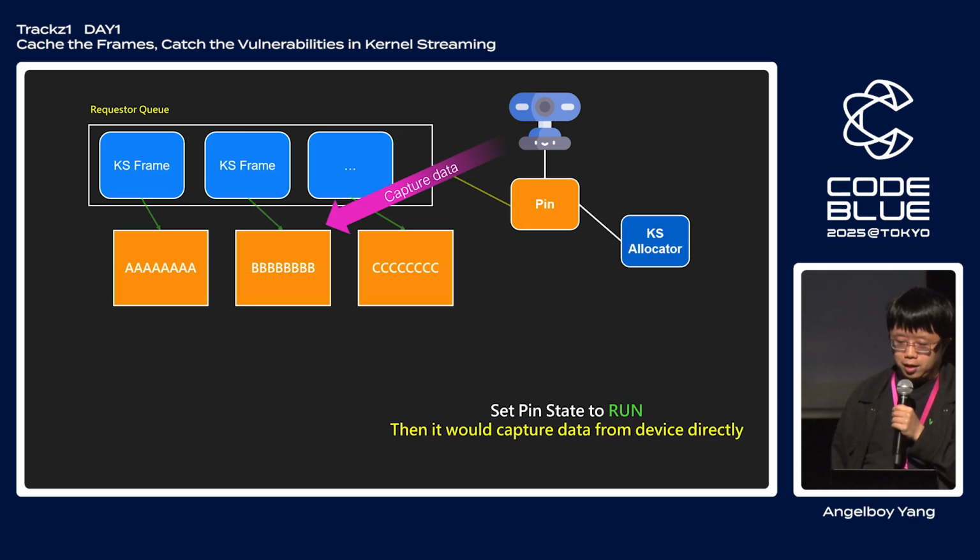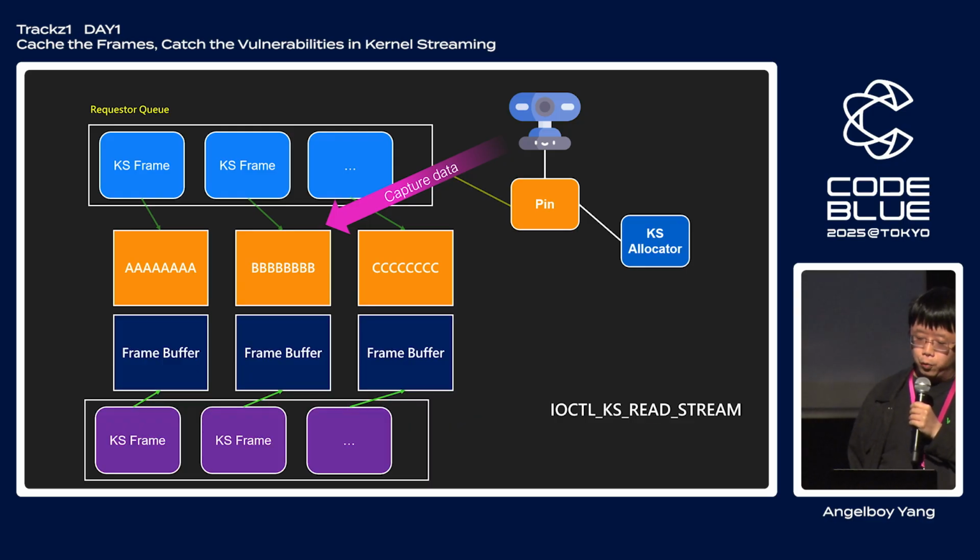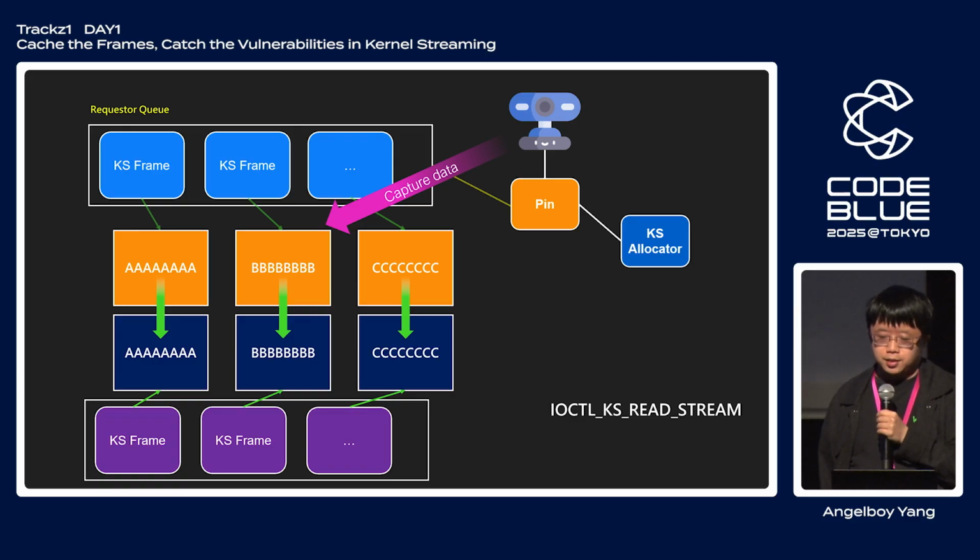From that point on, data is streamed from the device into pre-allocated frame buffers. When we send an IOCTL to read the data, the process begins just like we described earlier. However, instead of reading from the device each time, the worker will copy the data from the pre-allocated frame buffer.